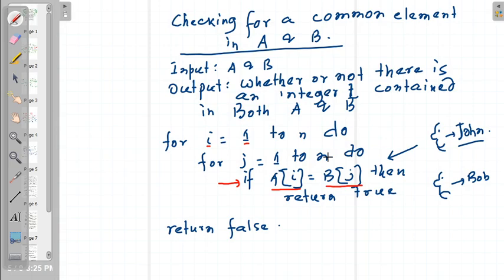For each i, how many times is the inner loop executed? N times. How many times is the outer loop executed? N times. So for each outer loop iteration, the inner loop is executed n times. So this comparison will be executed how many times?